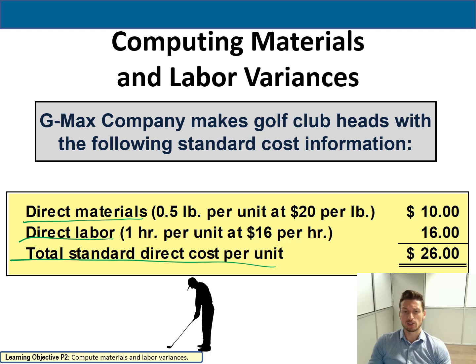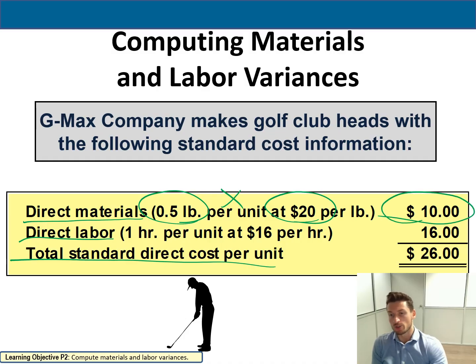Direct material per unit is 0.5 lbs, and lbs is a measurement system like kilograms in the US. It costs $20 per lb, and for one unit we are using 0.5 lbs. So 0.5 times 20 will be $10. My direct material cost is $10.